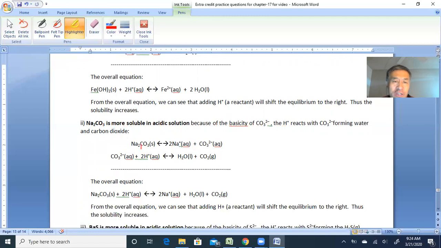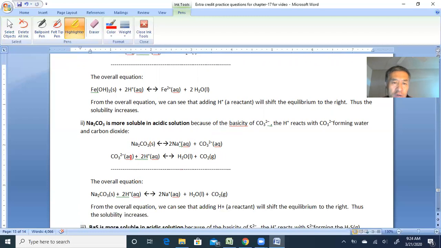To understand why they are more soluble in acidic solution, you can use the same approach as in the last problem. We write the solubility equation for our salt. Then we use this anion, carbonate, reacting with the acid to produce H2O and CO2.